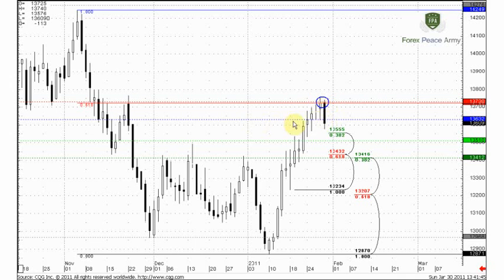The first area is right here: this dash blue line at 136.32 is the weekly pivot point for the coming week. Just below it, 135.55 is the first Fibonacci support from this low to this high. The dash line right here at 135.10 is weekly pivot support 1.